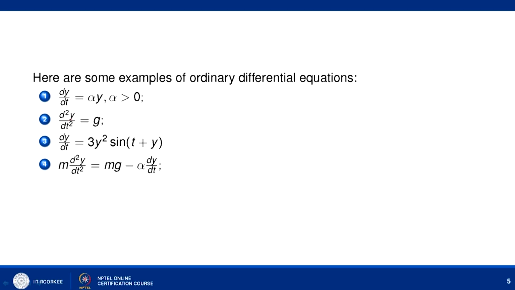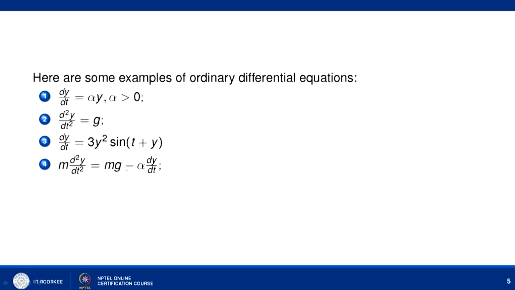Here g represents the gravitational acceleration. The third one is dy/dt equal to 3y² sin t plus y, which represents a particular motion of some particle. And in the fourth, m d²y/dt² equal to mg minus alpha dy/dt, is similar to equation number 2.